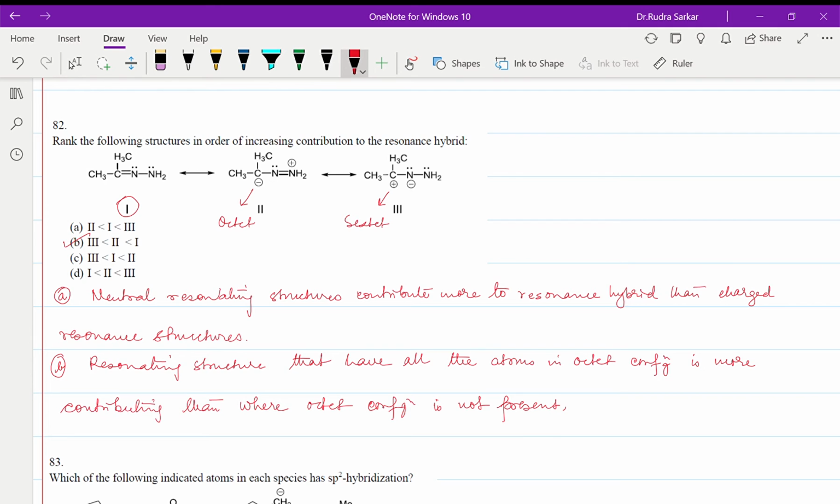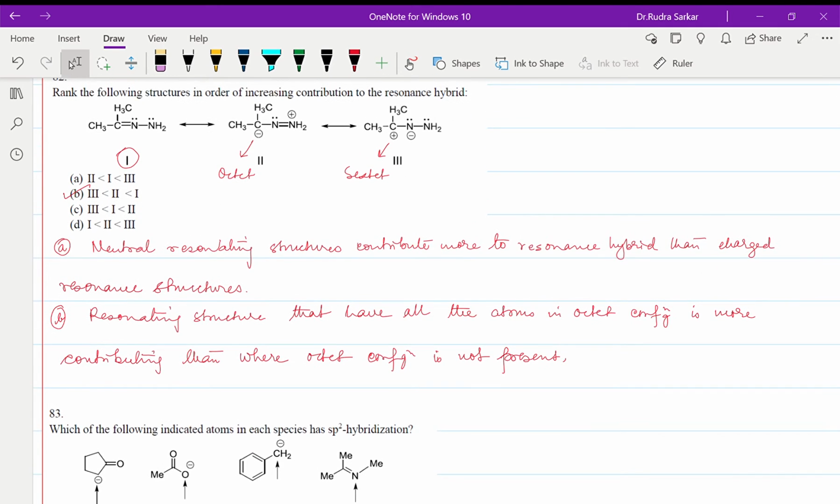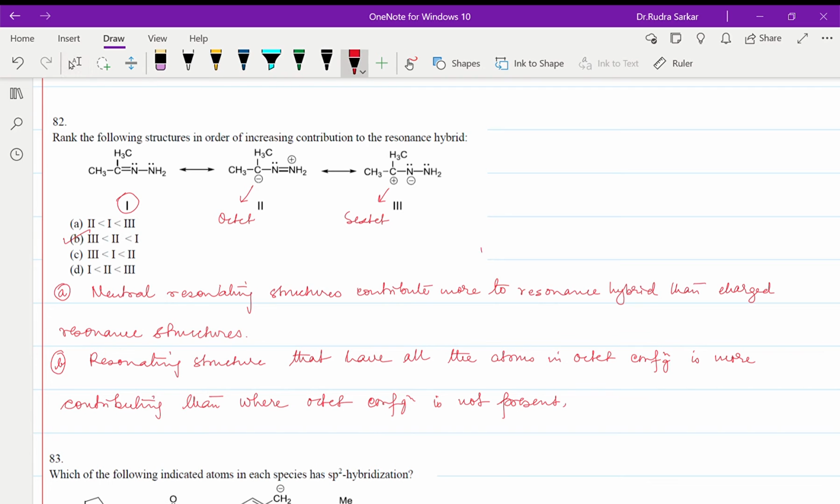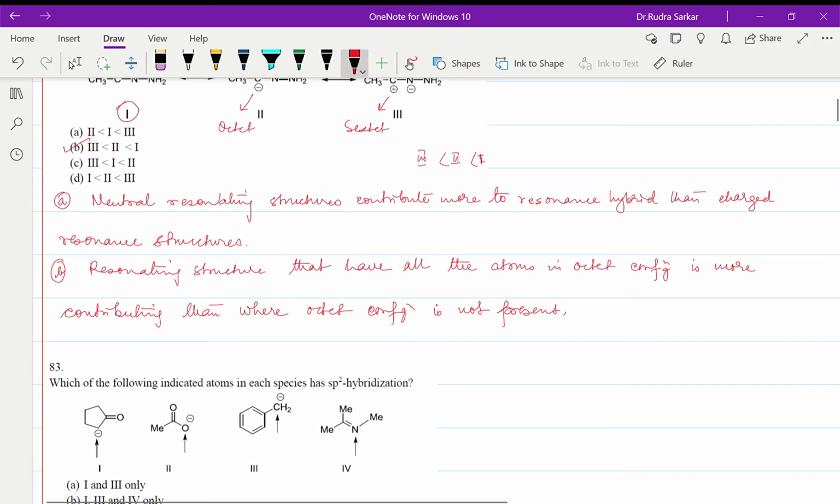So that way we will say that 1 should be more contributing, followed by 2, and at last we will have 3. And so, as I have mentioned before, the option will be over here B.